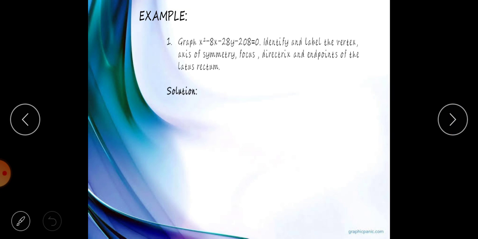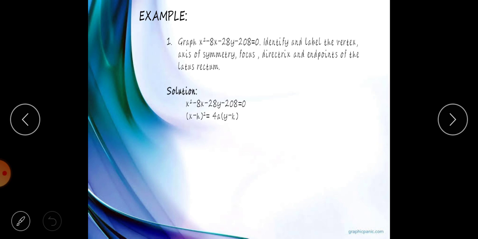So, to graph the given equation, we start by writing this equation in standard form. The standard form that applies to the given equation is (x minus h) squared is equal to 4a times (y minus k).